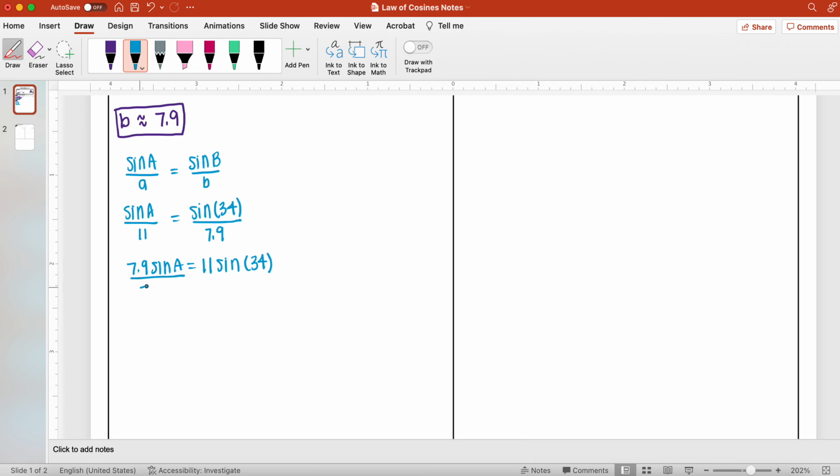And then divide both sides by 7.9. It's equal to 11 sine of 34 over 7.9. But now again, to find that angle measure, I need to take the inverse sine of both sides. And so that will get my angle measure by itself.